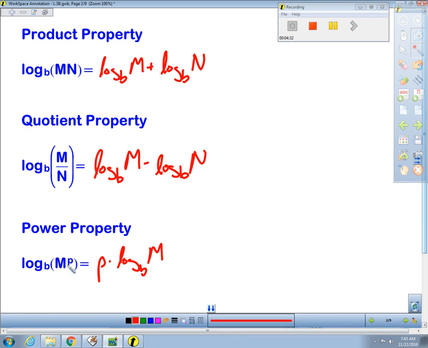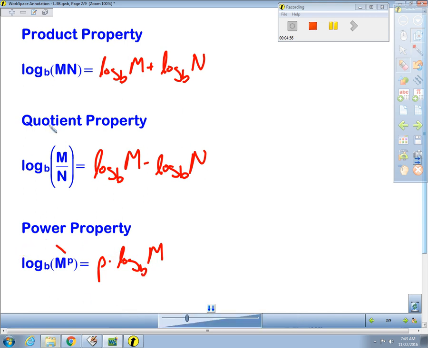I'm multiplying this exponent by that exponent. Power to a power, you multiply. Now the way that we usually refer to this, and students like to think about it, is we can take the exponent inside a logarithm and bring it out front. The log base b of m to the p is equal to p times the log base b of m.